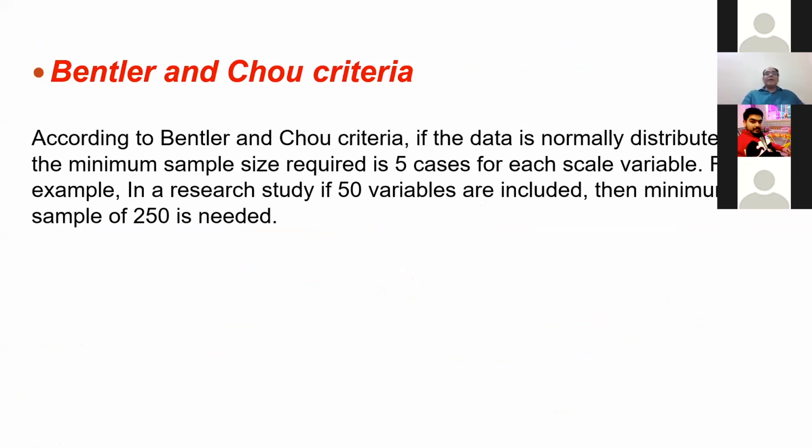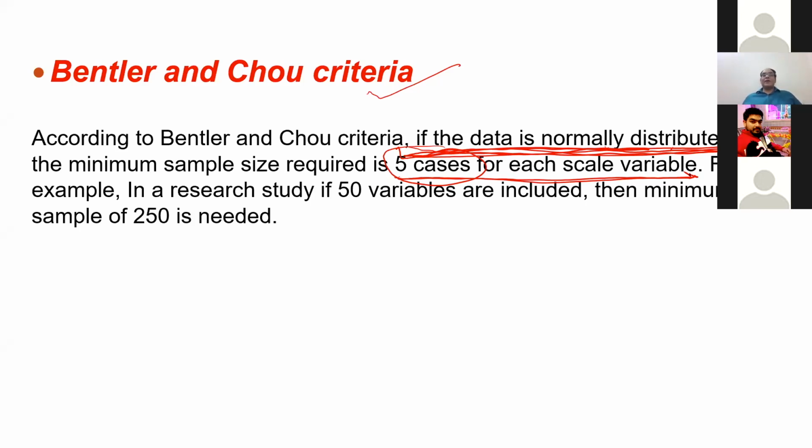We found this Bentler and Chou criterion in most research papers. It says that if your data is normally distributed, then a sample size of 5 cases is also enough. Please read this line, it is important. It means if your data is normally distributed and you have 5 cases for each scale variable, then you can say your sample size is adequate.